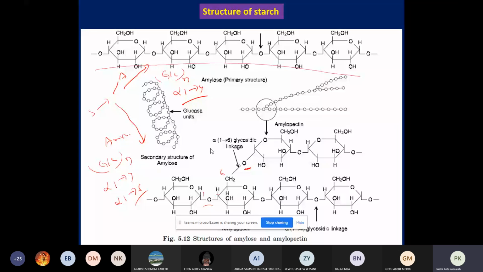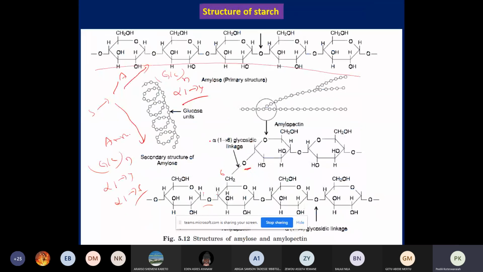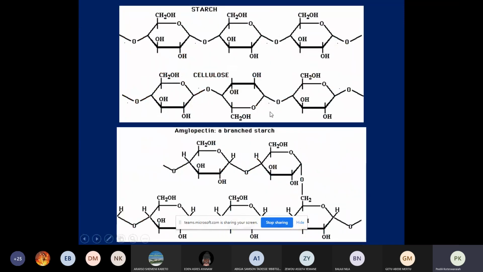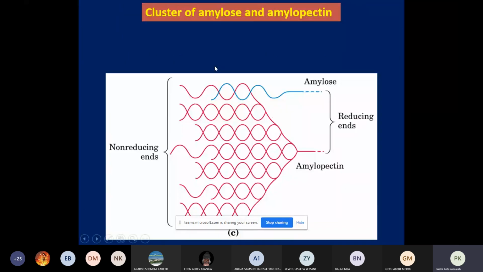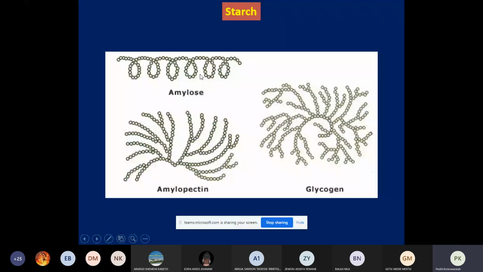Wherever you are seeing here, this is a branch point, and this is a branch point. That's where the alpha 1,6 glycosidic bond is present. You can see here this is amylose and this is amylopectin. It is highly branched, it has many branch points, and amylose is linear.